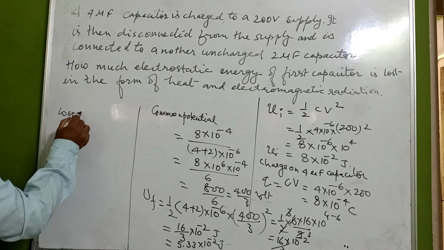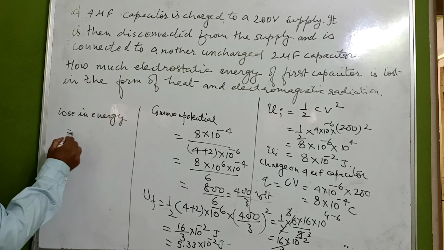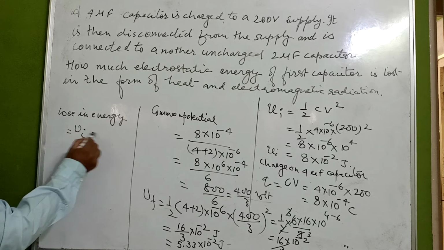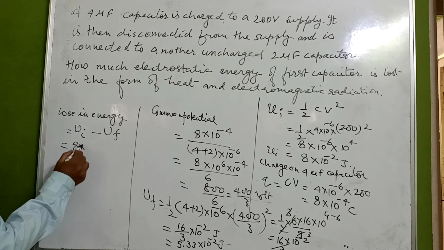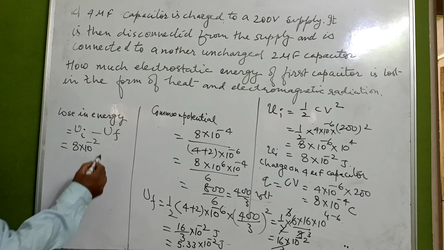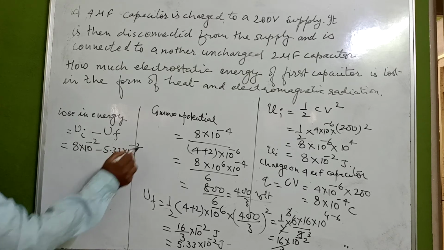loss in energy will be given by this relation, that is Ui, initial energy minus final energy. Initial energy, that is 8 × 10 raised to the power minus 2, and it is 5.33 × 10 raised to the power minus 2 joule.